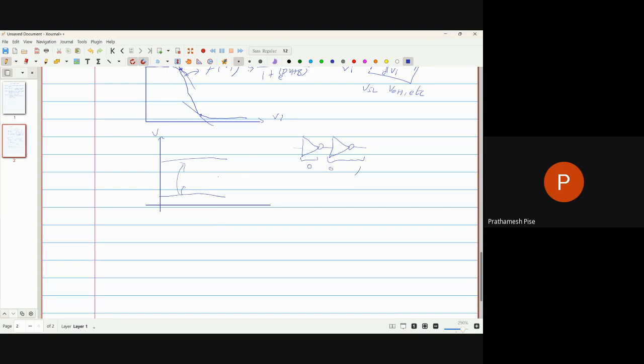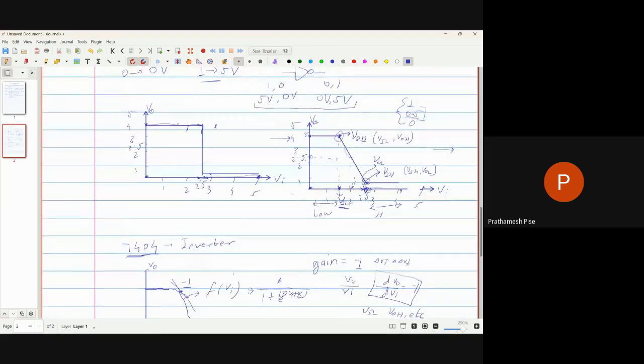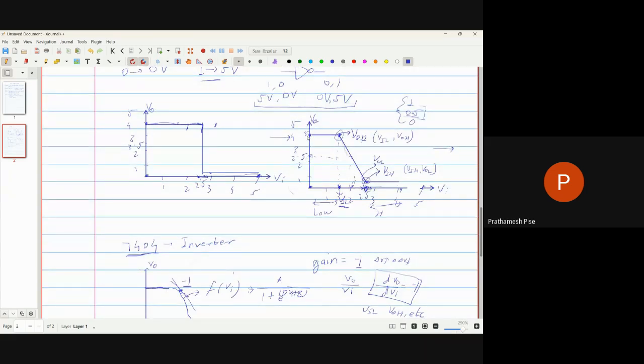So what is noise margin here? The amount of margin, suppose this is the noise margin. This is the difference between the output voltage of this gate that is considered as logic 0.